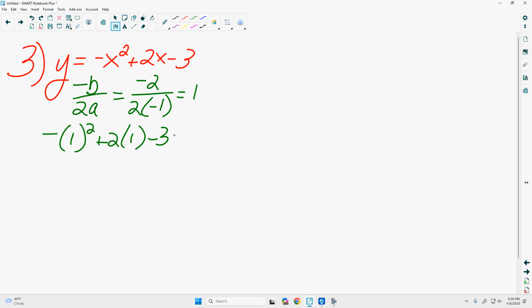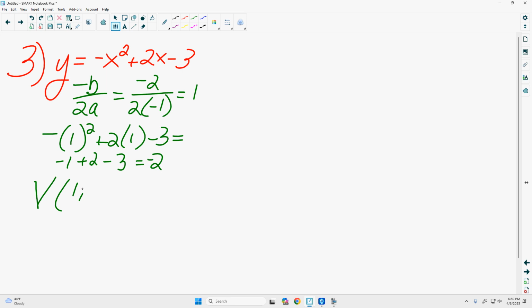If I crank out that, sorry, I was reading a text. This is really negative 1 plus 2 minus 3. So that answer is negative 2. So that means that the vertex is 1 to the right. And, oh, I said negative 2, but I didn't write it.